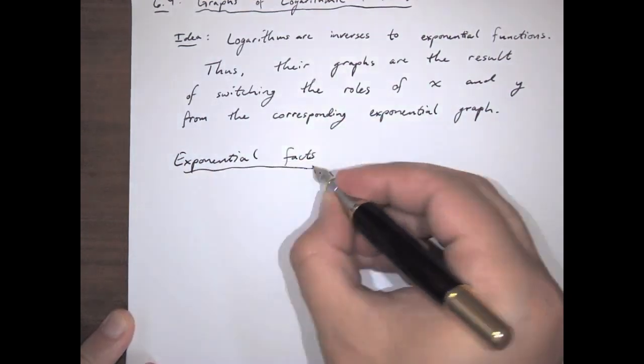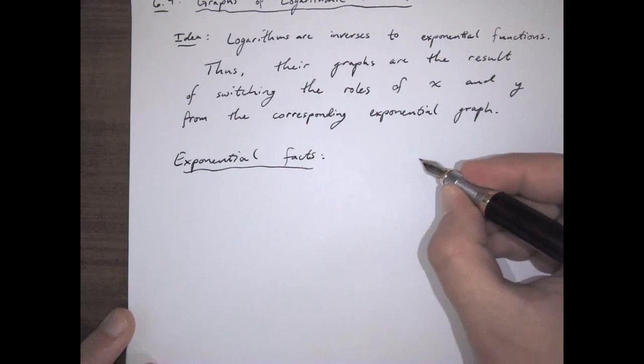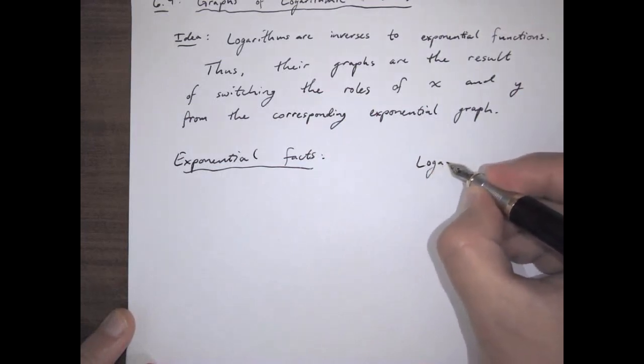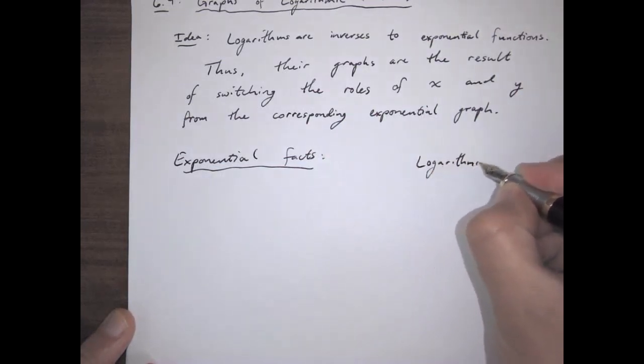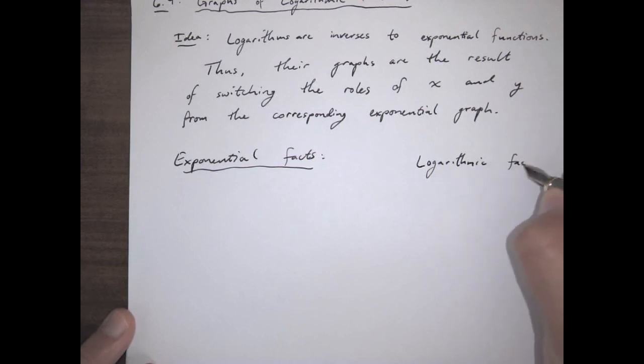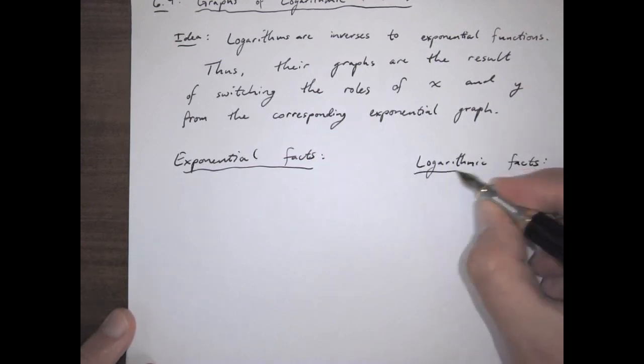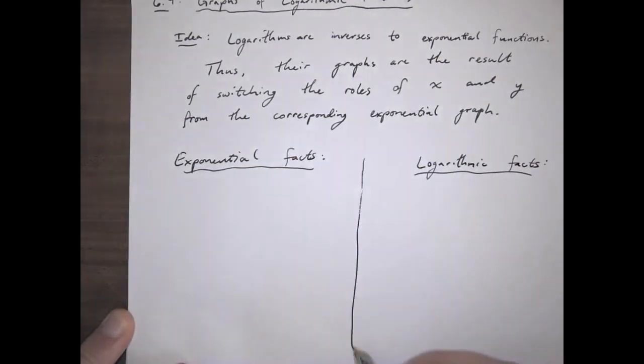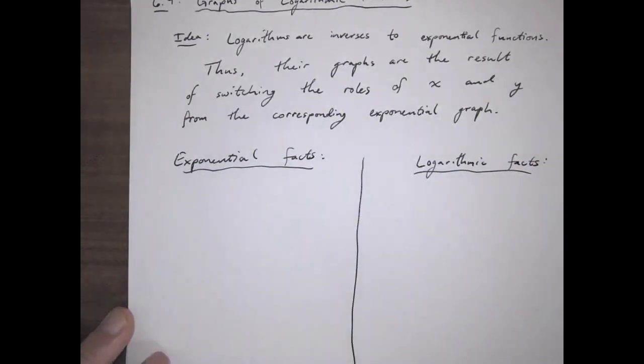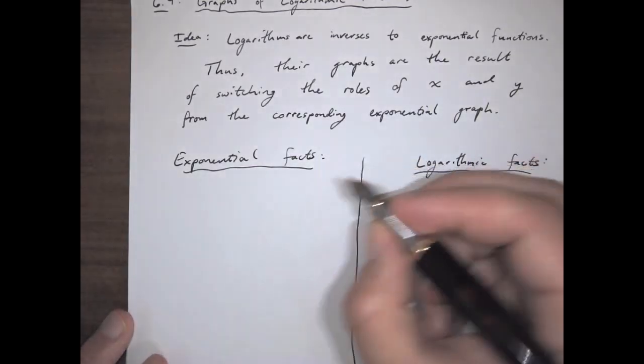We can take exponential facts and turn each of them around to make a logarithmic fact. First, let's start with what the formula would be like.